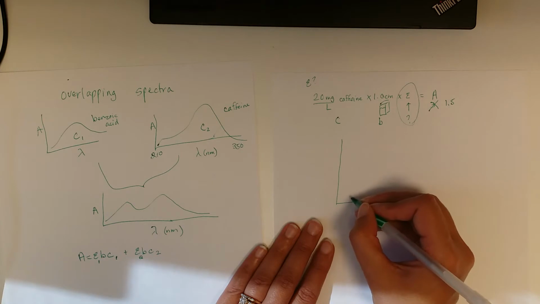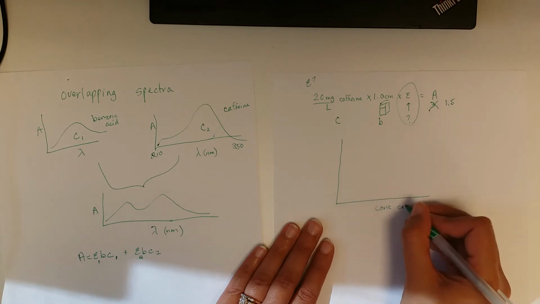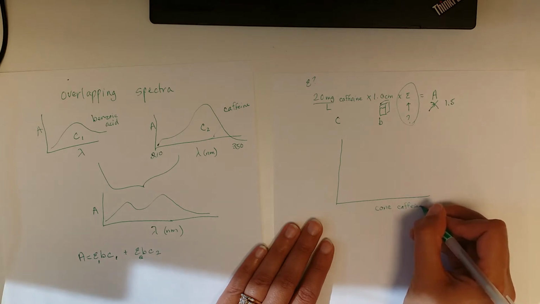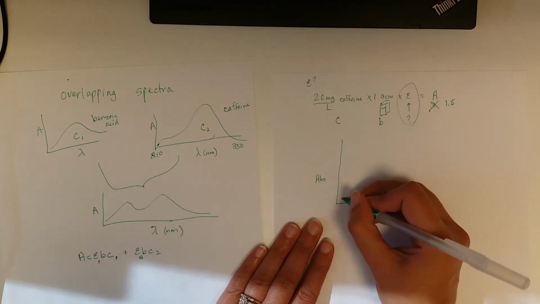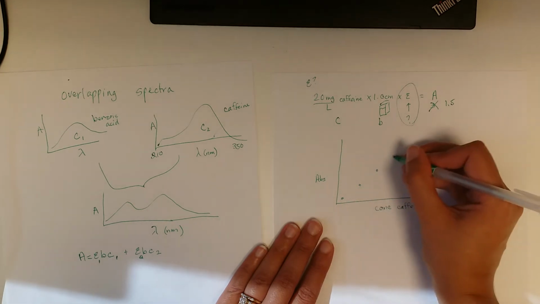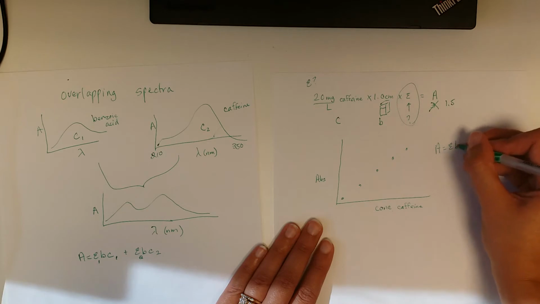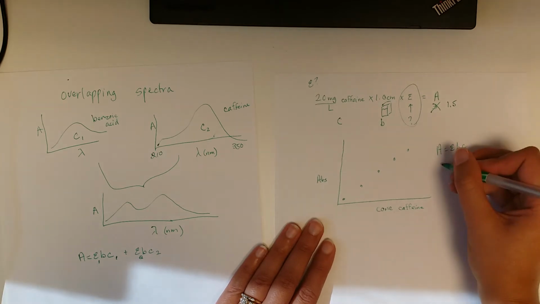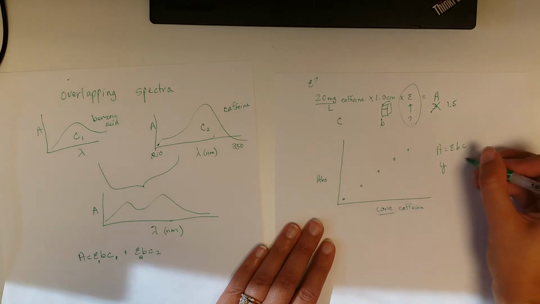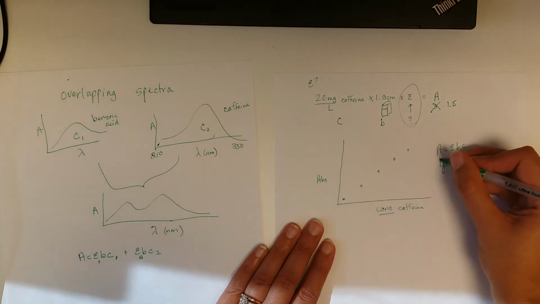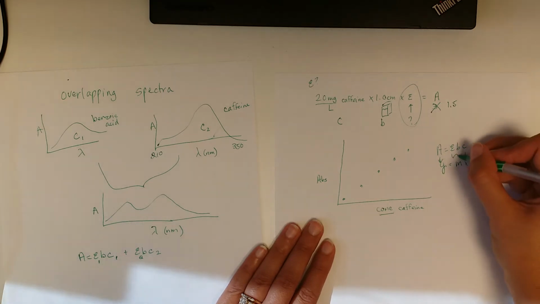And you're actually going to make a calibration curve where you have concentration of, for example, your caffeine here, and then you have measured absorbance. You'll get dots. If it follows Beer's law, which says we have a linear relationship, with absorbance on Y and concentration on X, then this becomes a y equals mx relationship.